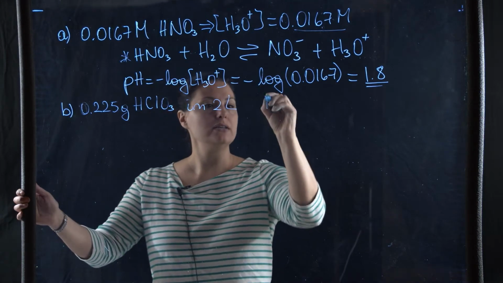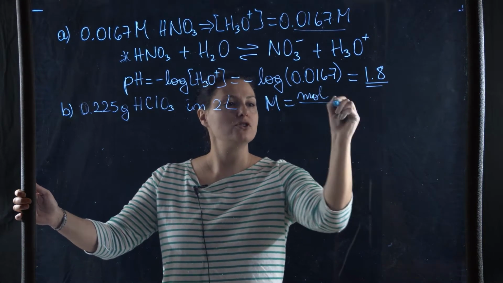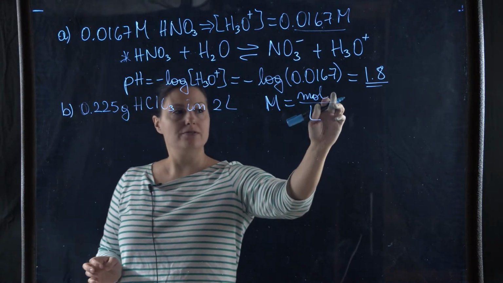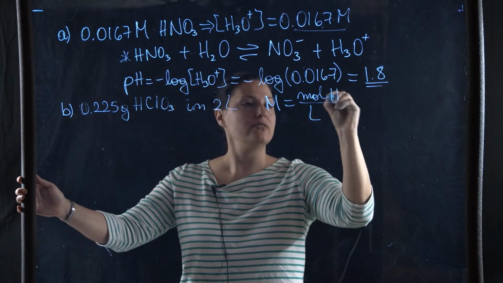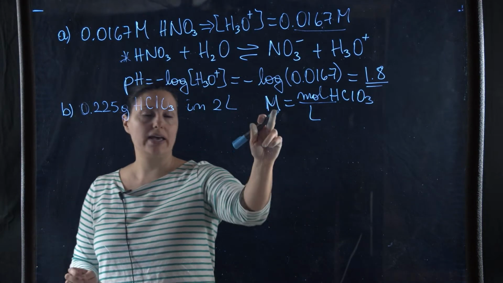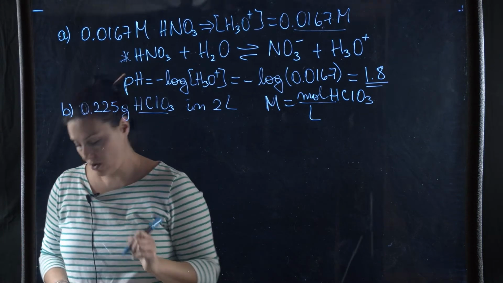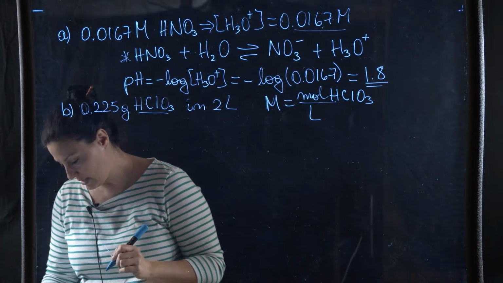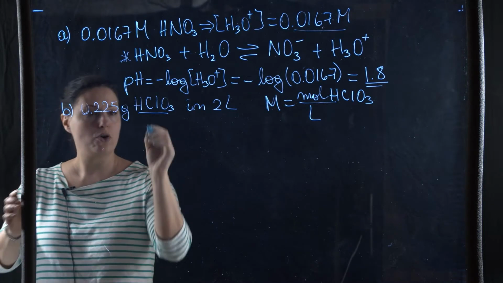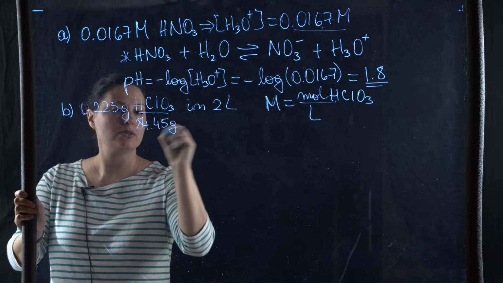Remember, molarity is equal to moles of your solute over liters of solution. Therefore, I have to first calculate my moles of HClO3. I have the volume, so I can calculate the molarity. To do that, I need to calculate the molar mass of HClO3, and that is 84.45 grams per mole.